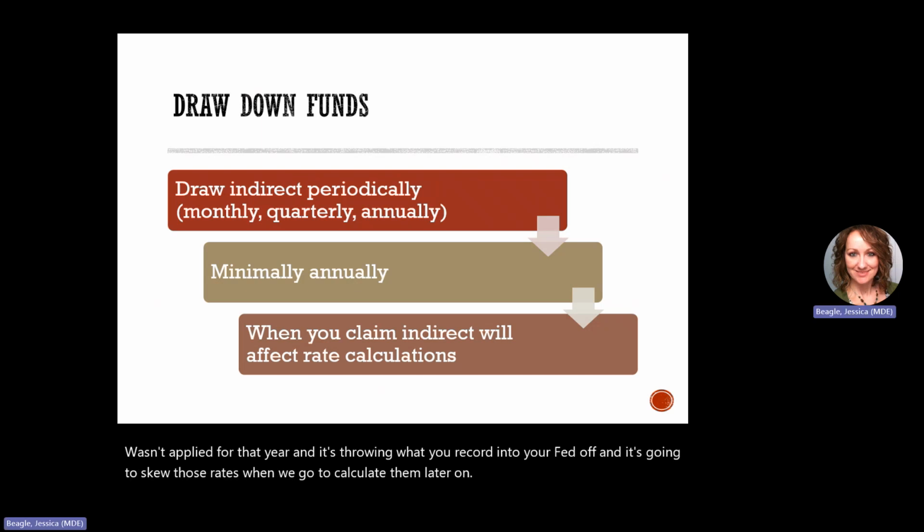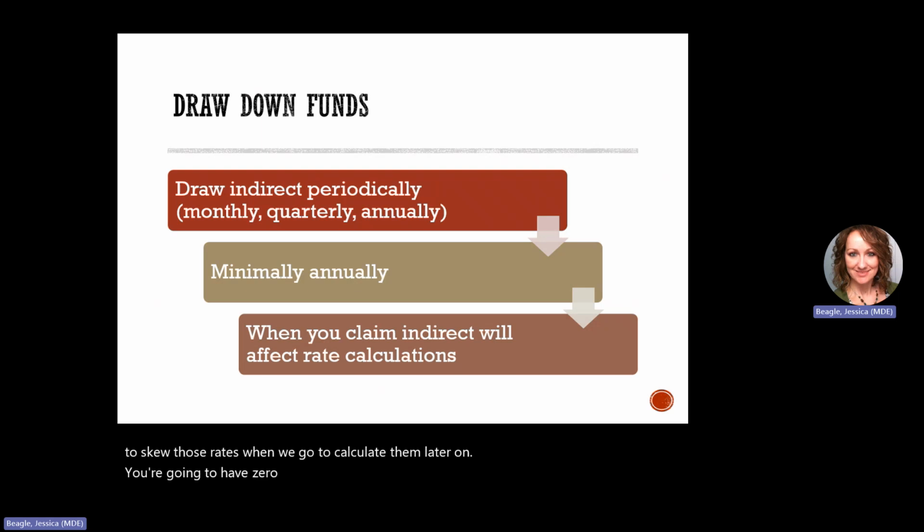You're going to have zero indirect recovery in one year and an entire grant's worth of recovery in another year. That's going to throw off your rates because of when you're claiming your expenditures.